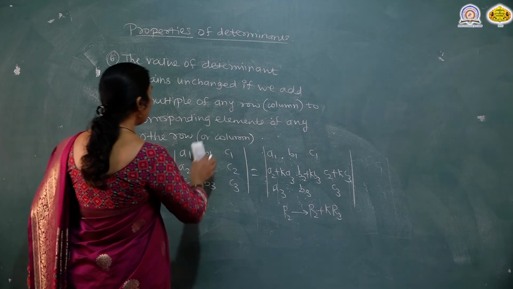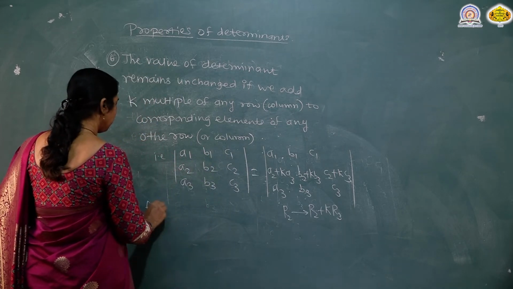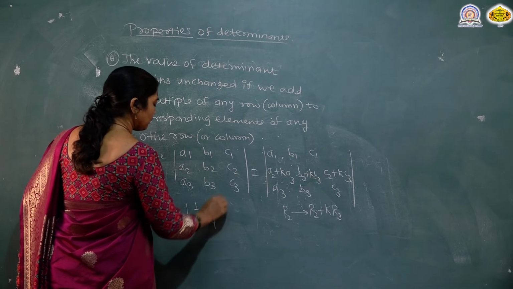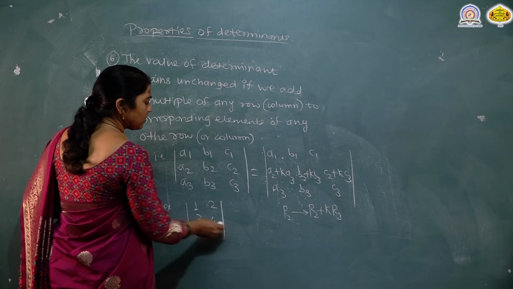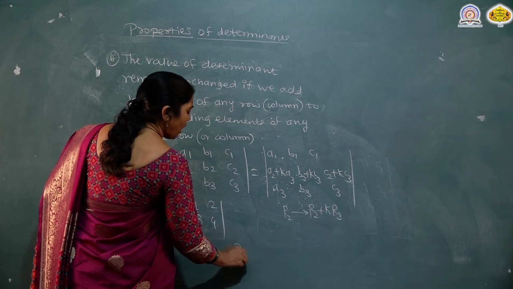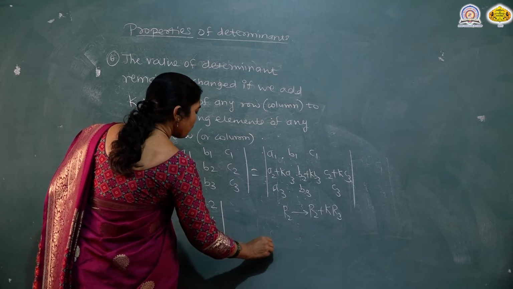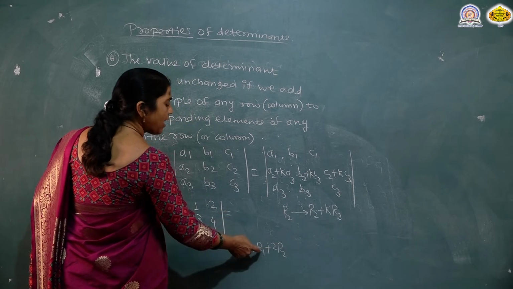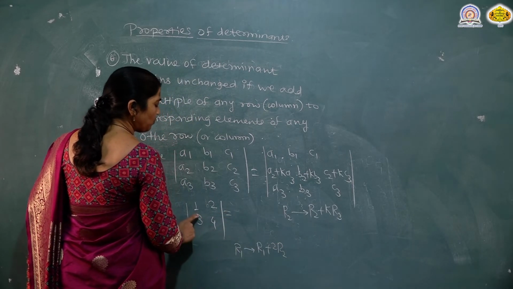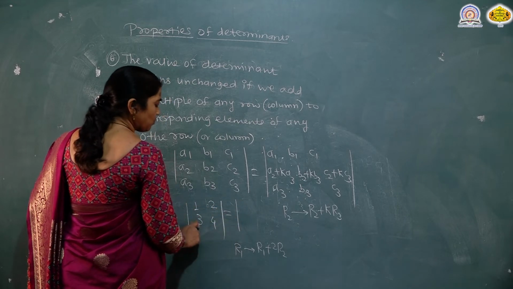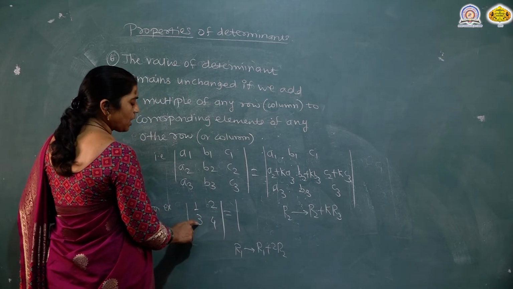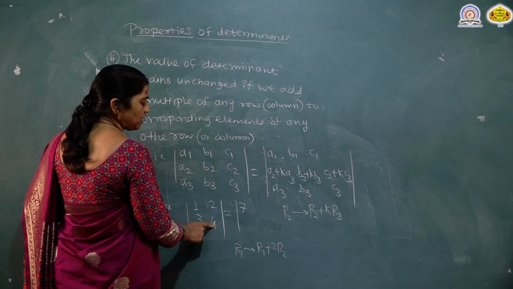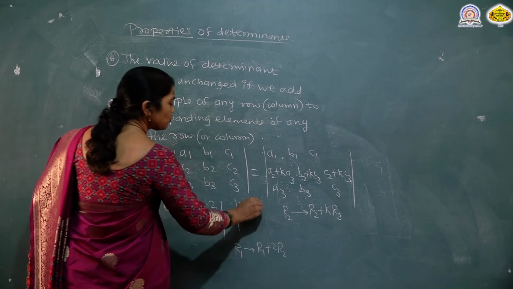For example, suppose I consider determinant 1, 2, 3, 4 and now I am considering operation R1 goes to R1 plus 2R2. That is, I am changing first row by adding to it 2 multiple of second row. So 2 multiple of 3 becomes 6, 6 plus 1 becomes 7, twice 4 is 8, and 8 plus 2 is 10.